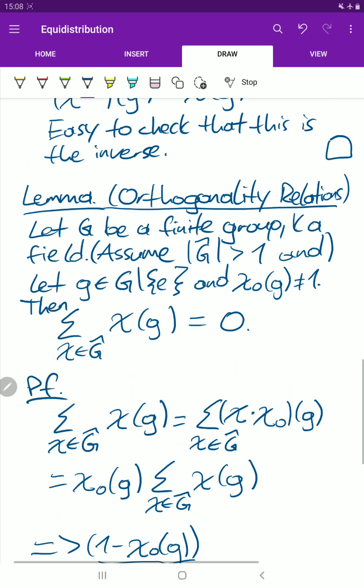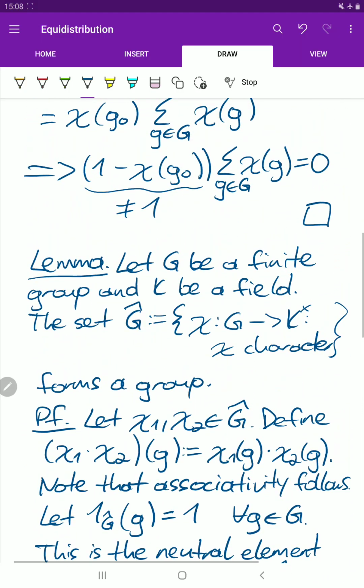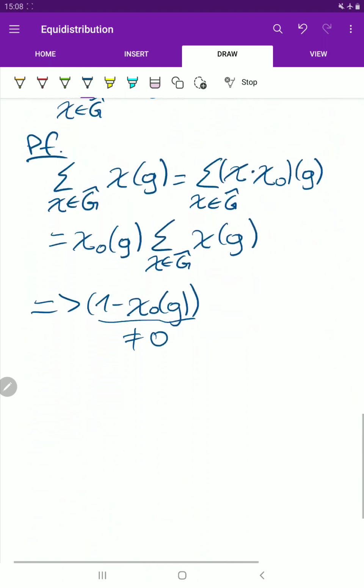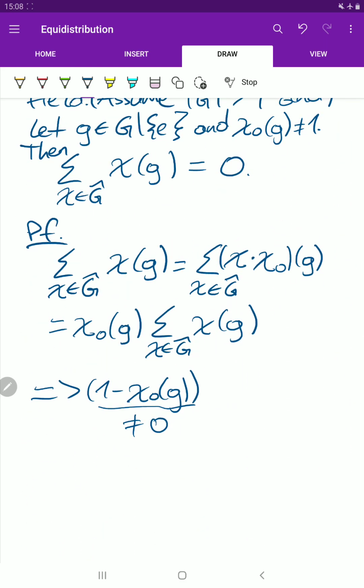Did I before write 1? I think it should be a 0. Not equal to 0. And sum over the characters chi of g, and again the statement follows.